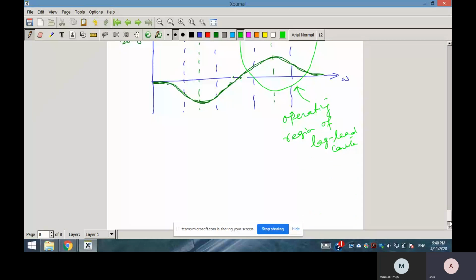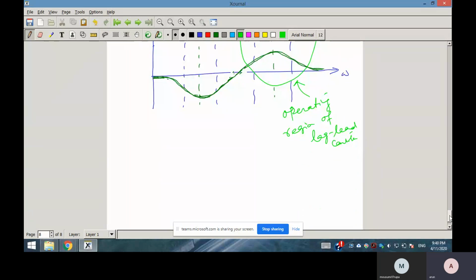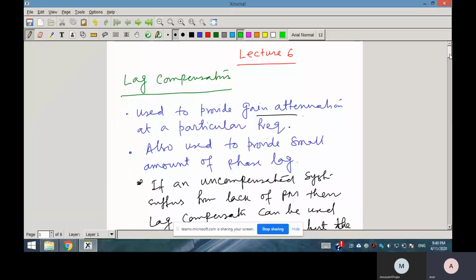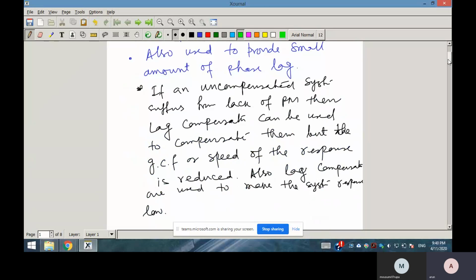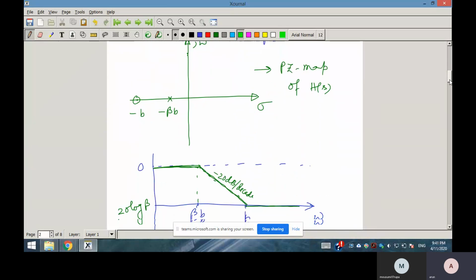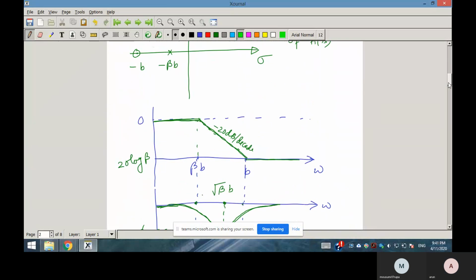In the next class we will show how to design this controller using the algebraic method, as we discussed for lag and lead controllers. Okay, just once again I will check if there is any small mistake. This is 0 dB.